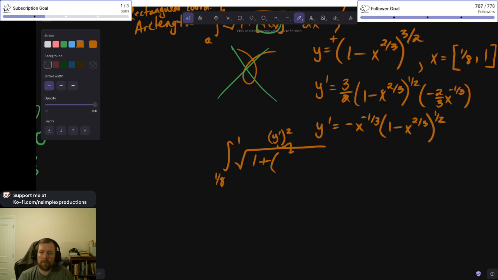The negative ends up getting squared, just becomes positive. x to the negative 1/3 becomes x to the negative 2/3 times the quantity 1 minus x to the 2/3, which when raised to the 1/2 power gets squared, is just going to be a 1. And then dx on the end.